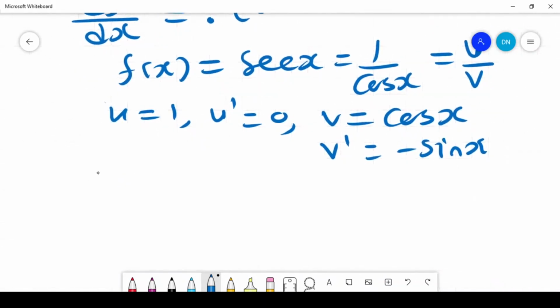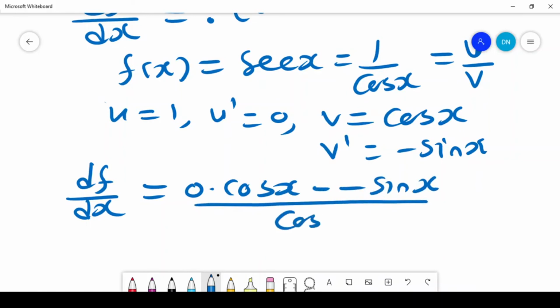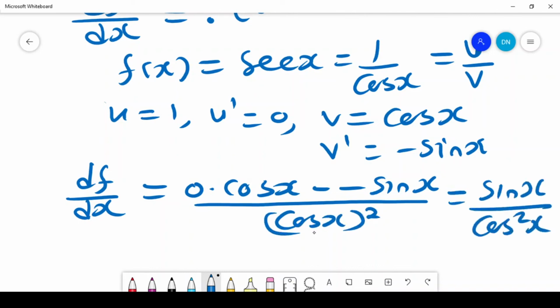And therefore my df over dx is equal to (u prime times v minus u times v prime) over v squared, which gives sine x all over cos squared x. And that gives me tan x sec x.